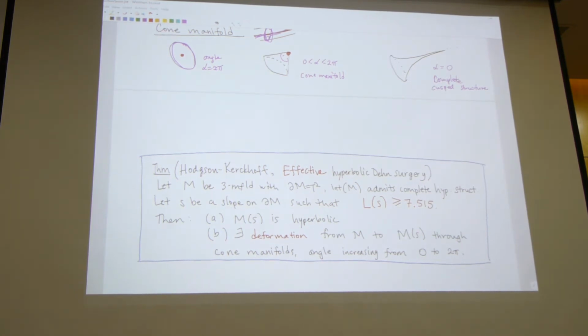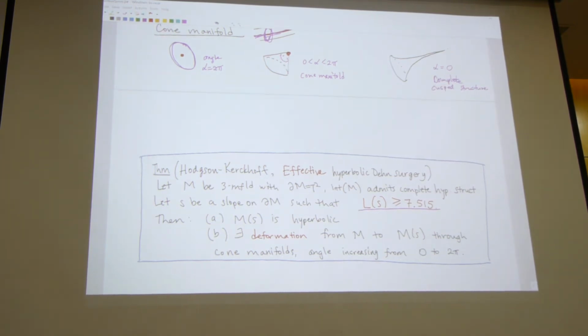Again, the setup: you've got a 3-manifold with torus boundary, the interior admits a complete hyperbolic structure, and you have a slope with a long length. I'm going to say something about this notation in a second. Then the result is the Dehn filling must be hyperbolic if the slope is longer than this universal constant.